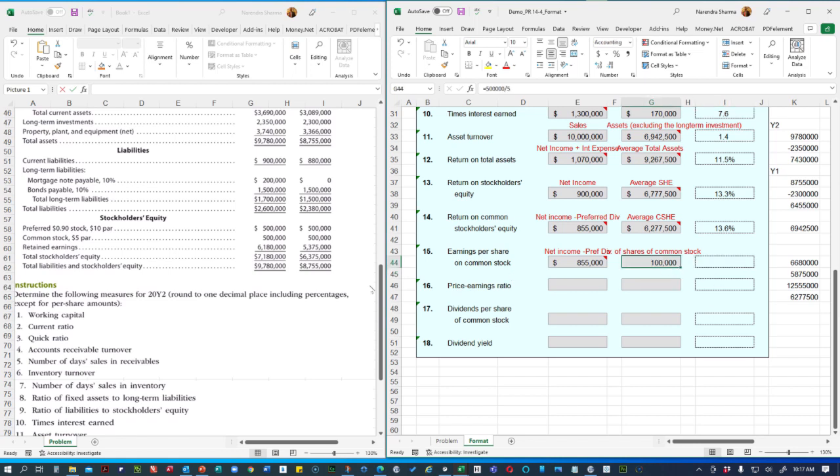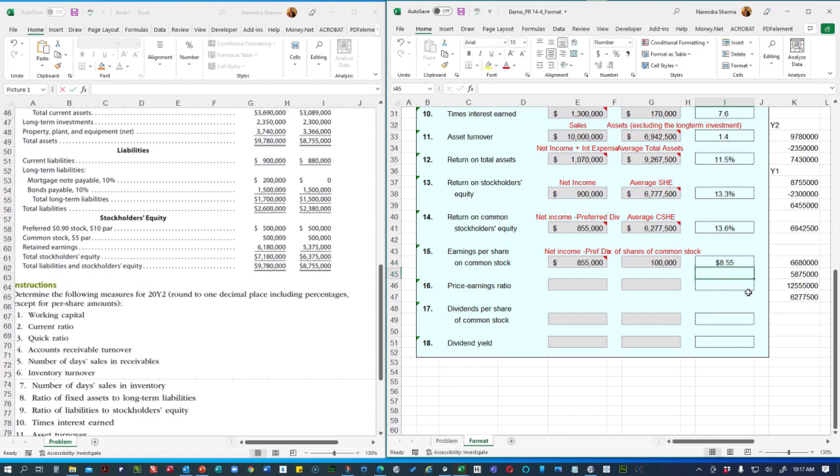Again, remember, we have 500,000 of common stock. Each one of them is 5. So therefore, we'll be having 100,000 of common stock times 5, 500,000. So that's how we got it, indirectly given. Sometimes you'll be directly given, but in this case we are not. We just calculated that.